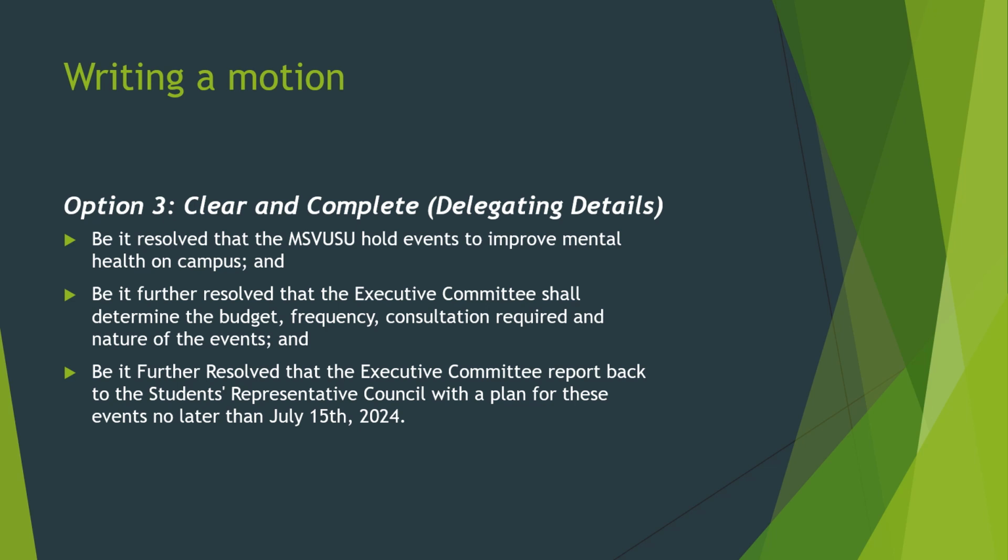but the plan may not be what the mover initially had in mind. If there are aspects of the plan that the Students' Representative Council wants to require, those should be specified in the motion itself.